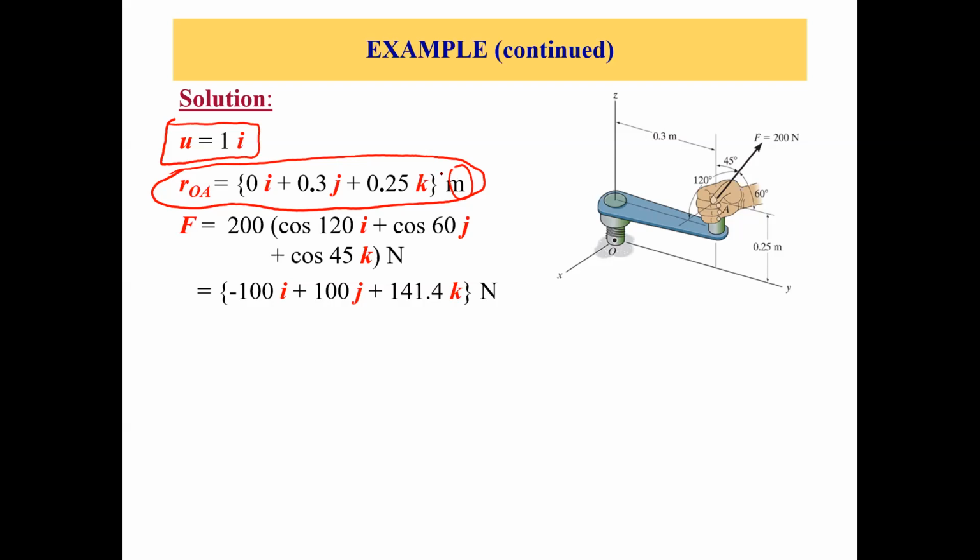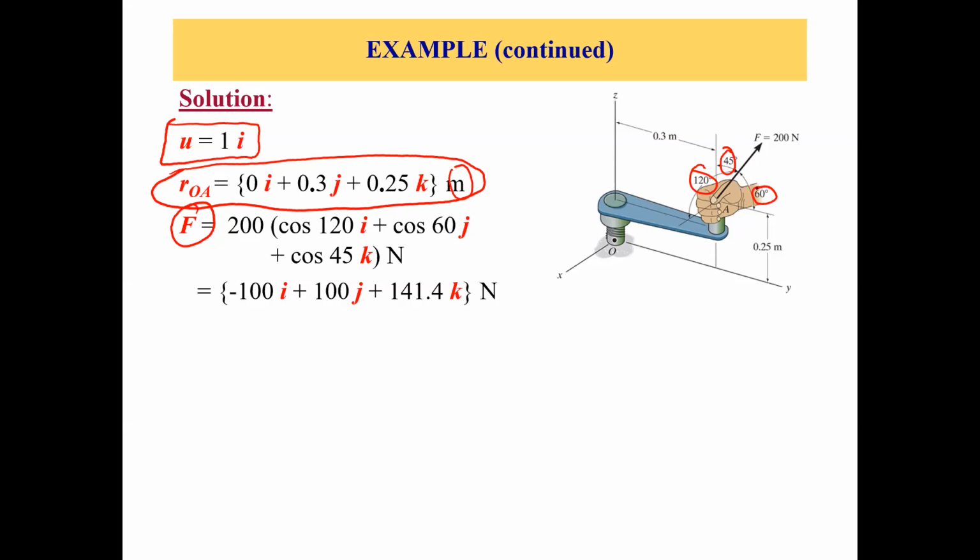Then we need to find this force F in vector form. How do we find this force vector in Cartesian form? We just have this magnitude of 200 newtons for this force F, but we also have these angles. Angle of 120 degrees with the x-axis. Angle of 45 degrees with the z-axis. Angle of 60 degrees with the y-axis.